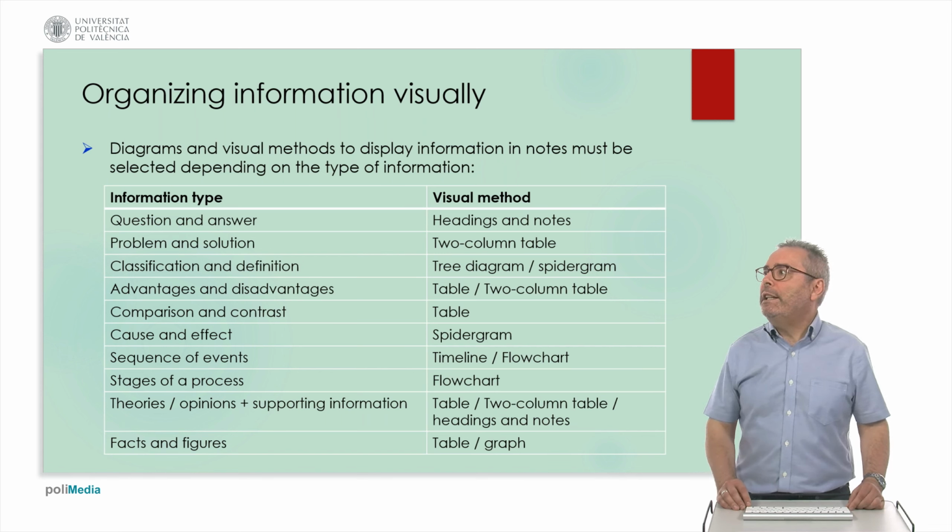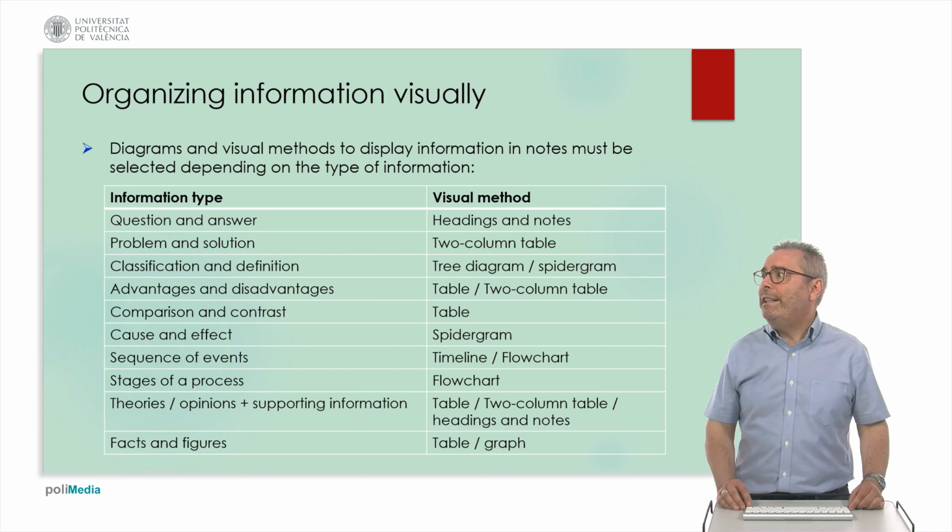For classification and definition, we have tree diagrams or spidergrams, both are possible. For advantages and disadvantages, we have tables of different types, or some of them are two-column tables, basically. For comparison and contrast, we have different types of tables as well. For cause and effect, the most typical way of organization is spidergrams.